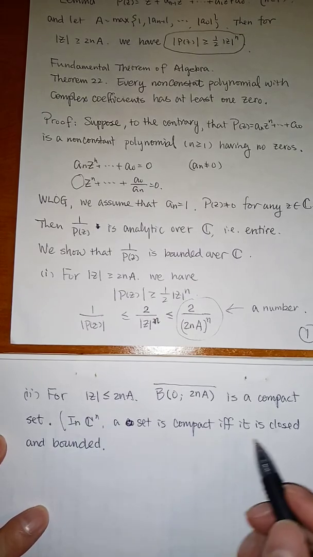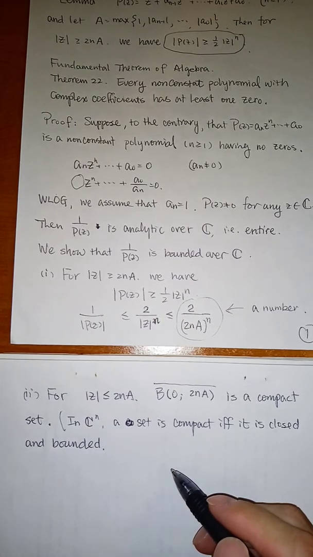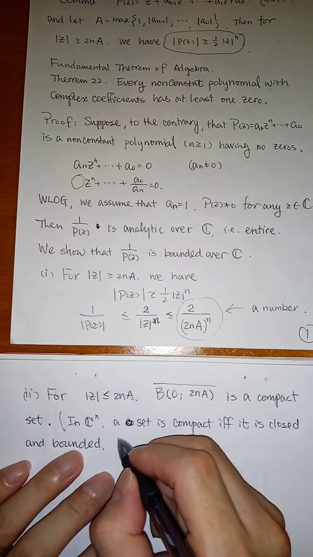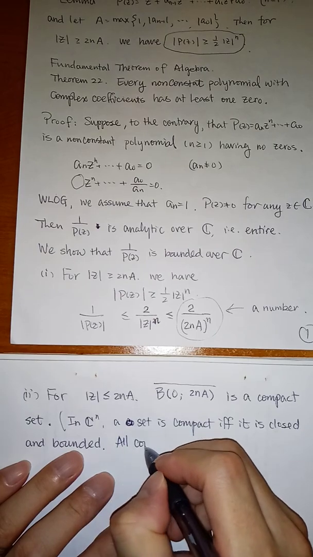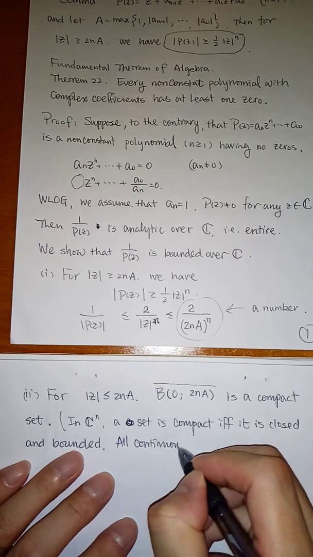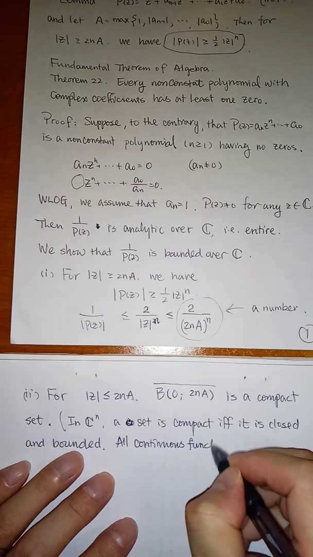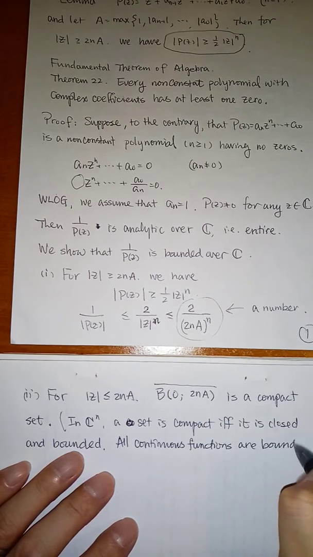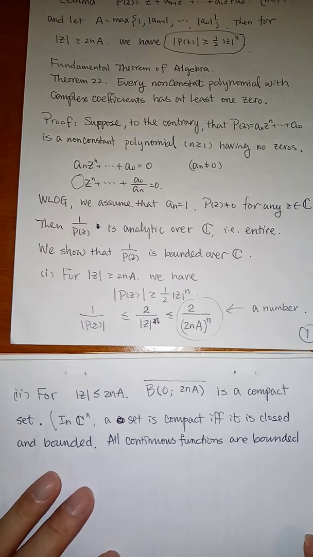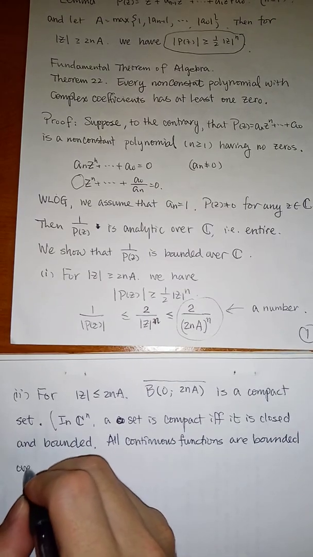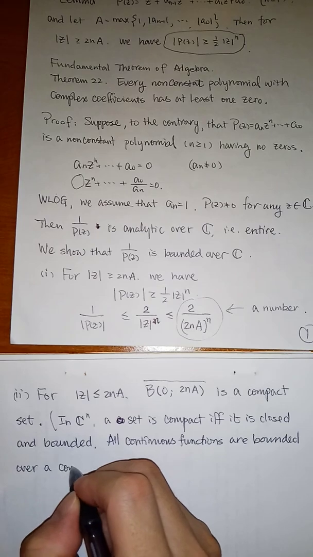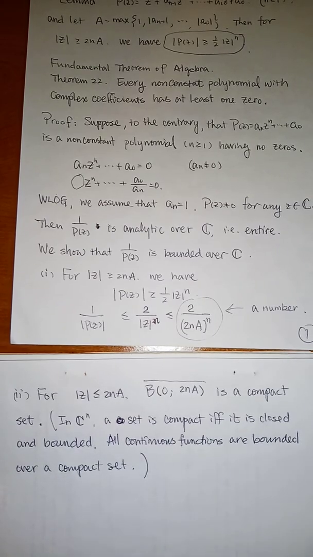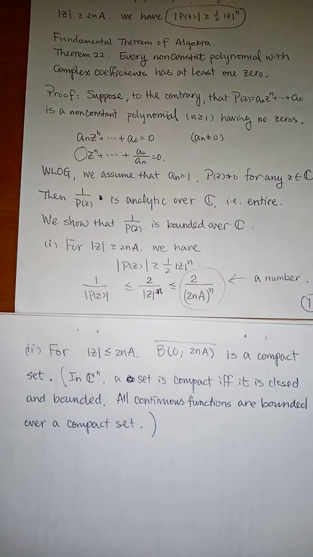That holds in complex Euclidean space C^n as well. And we also know that all continuous functions are bounded over a compact set. That's what we need from the topology.